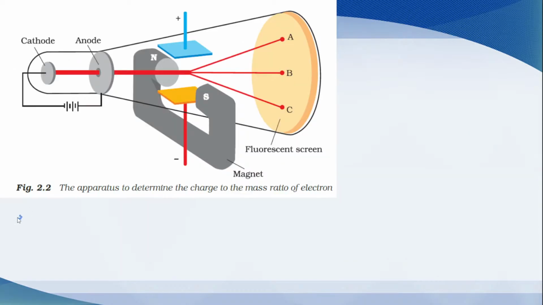Extent of deviation, it depends upon, first, the magnitude of the negative charge on the particle.